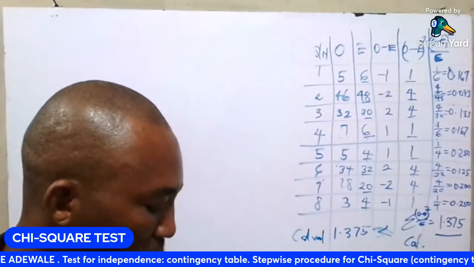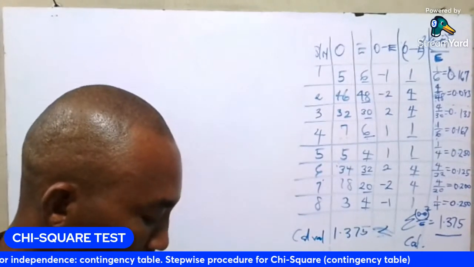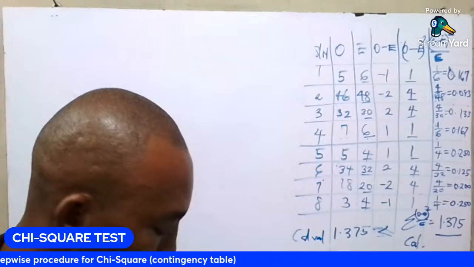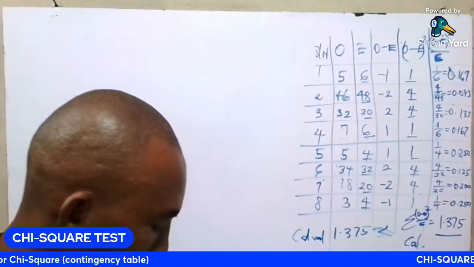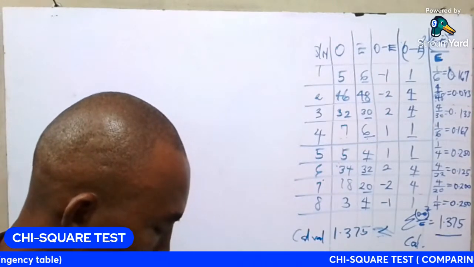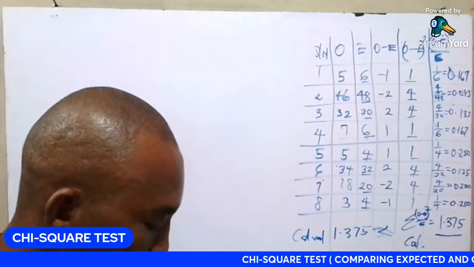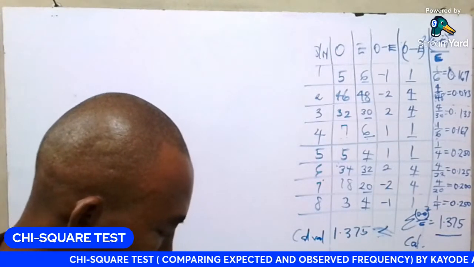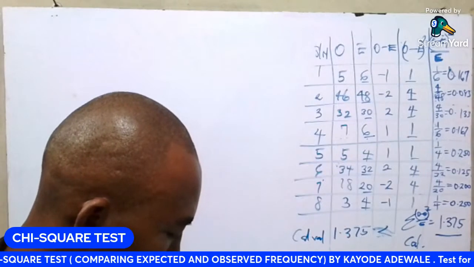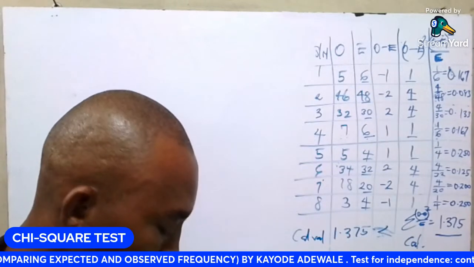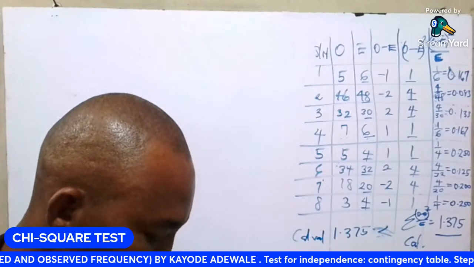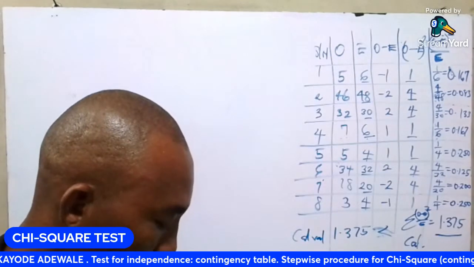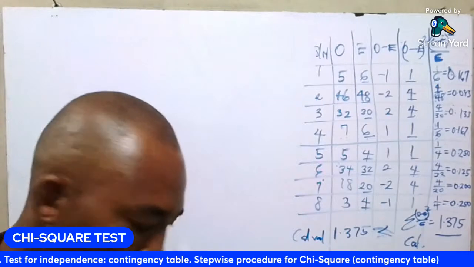So let me quickly look for questions and give you. Just a minute for the questions. I'm actually looking for a question that I can use for chi-square.